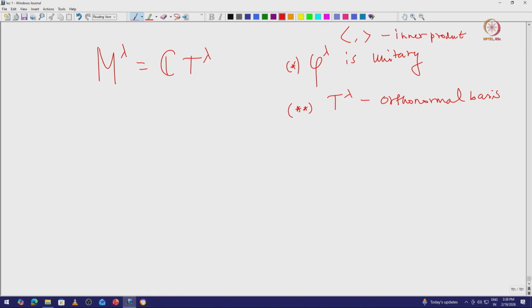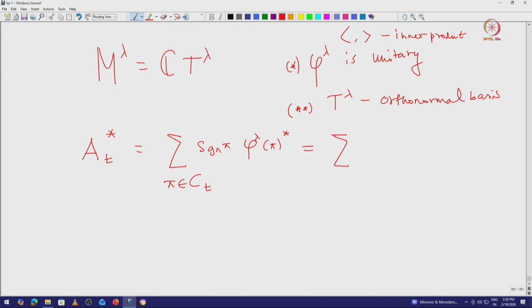Now look at this operator A T and then its conjugate. It is clear that the conjugate of this is going to be the sum of sign of pi, phi lambda of pi star, for all pi coming from this C T. Now, since phi lambda is unitary, phi lambda of pi are all unitary operators, which means phi lambda of pi star is phi lambda of pi inverse.